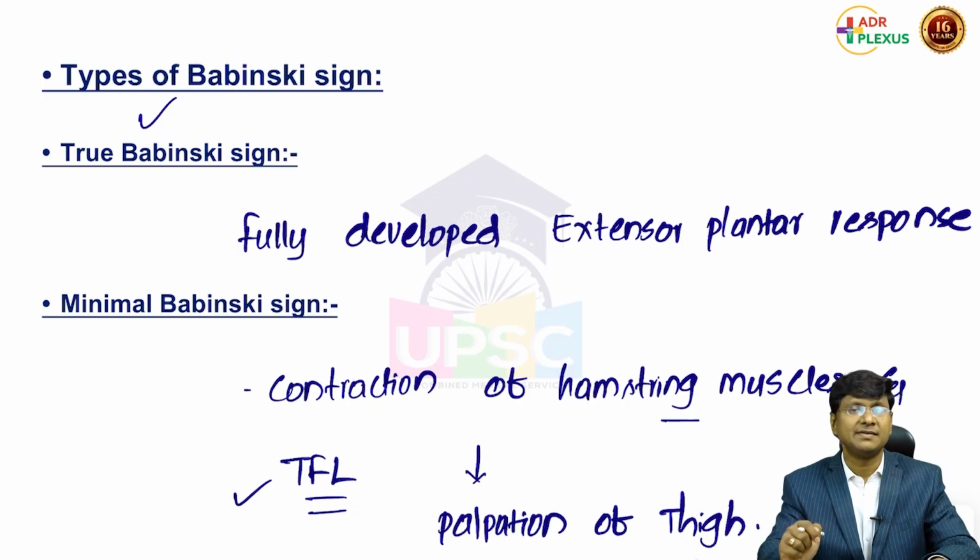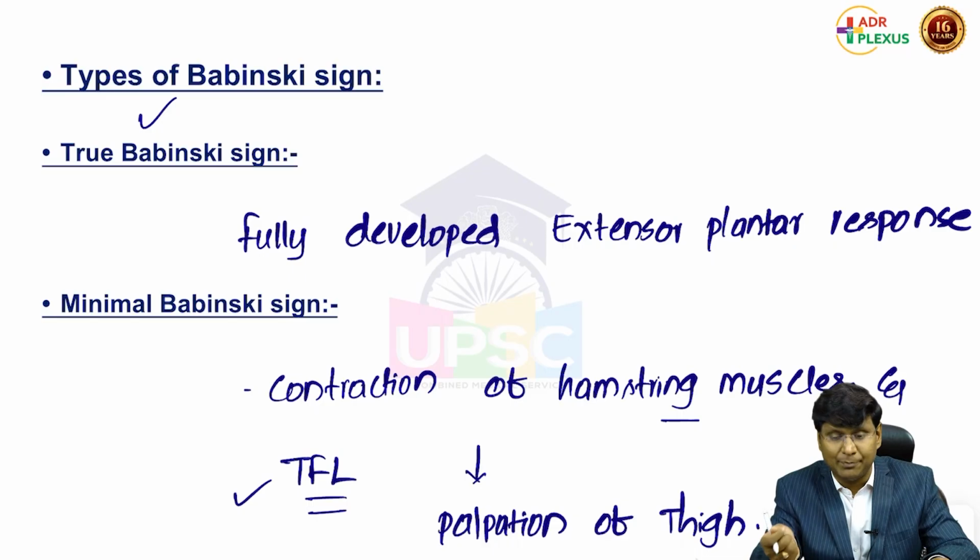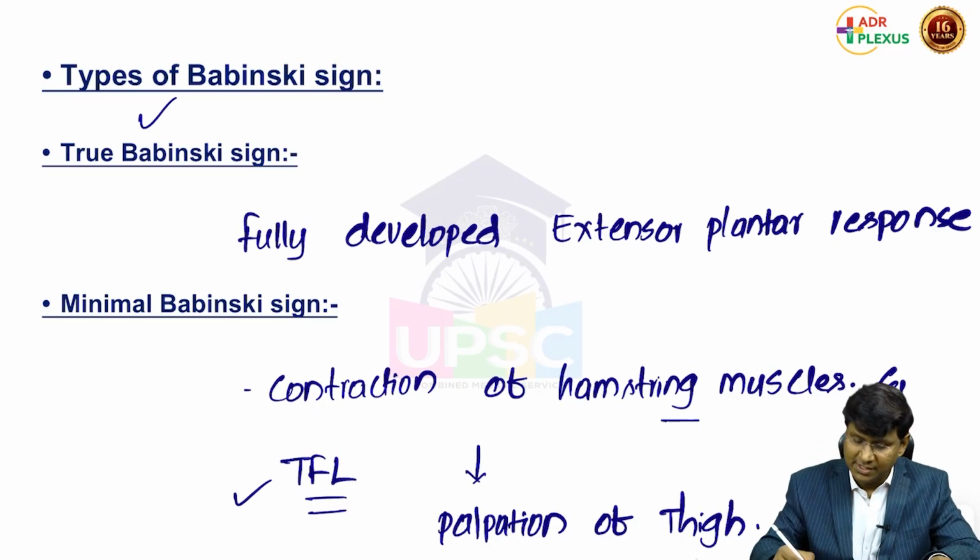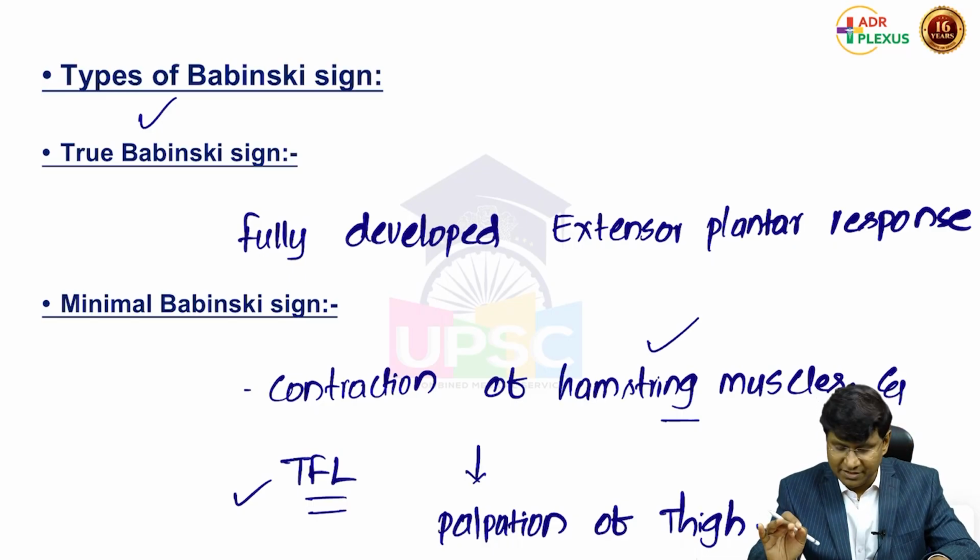So upon eliciting the plantar reflex, there will be just only contraction of the hamstring muscles and tensor fascia lata, and that can be detected by the palpation of the thigh, right?